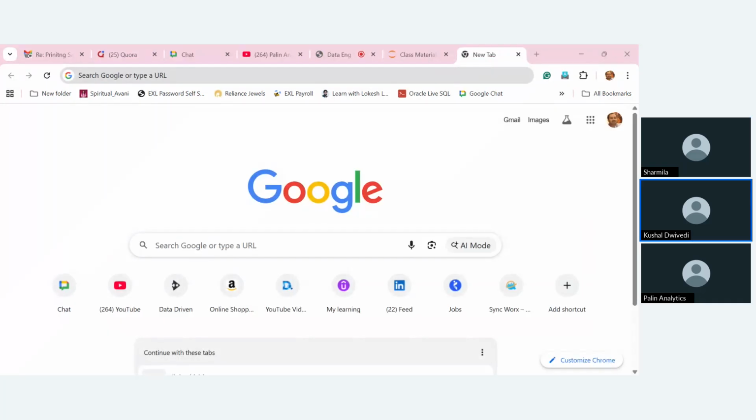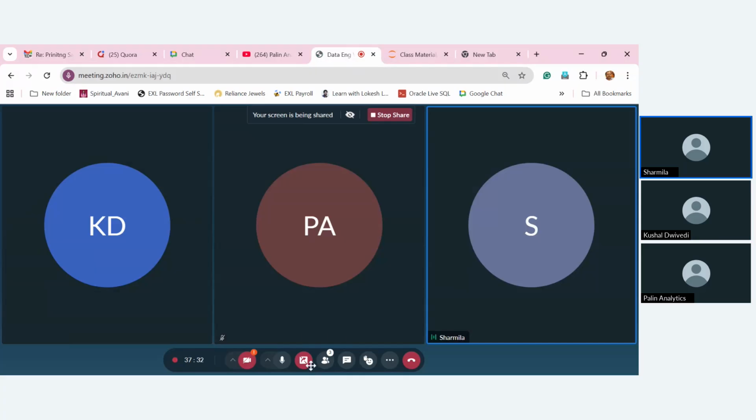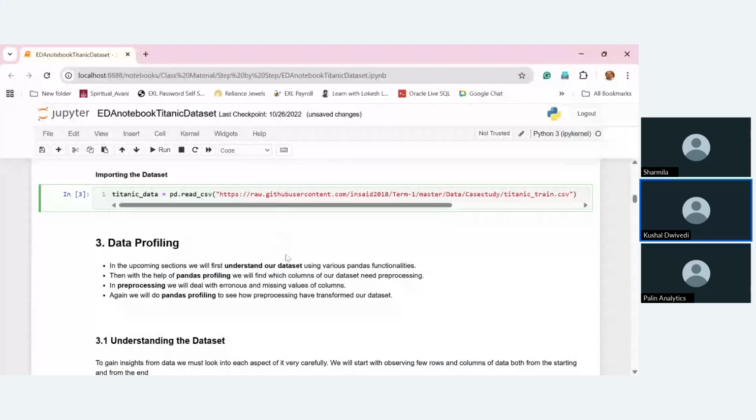Oh, wait a minute. Can you see now? Can you see the orange-colored book? Yes. Now when I execute this, just notice that the icon will change over here.